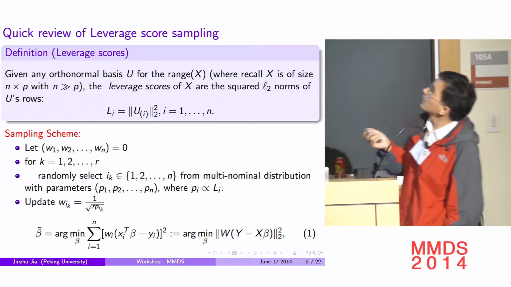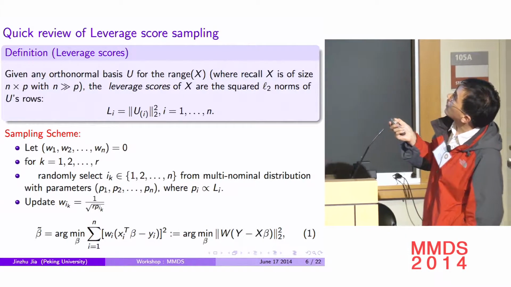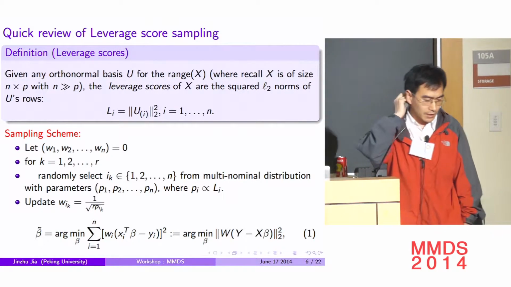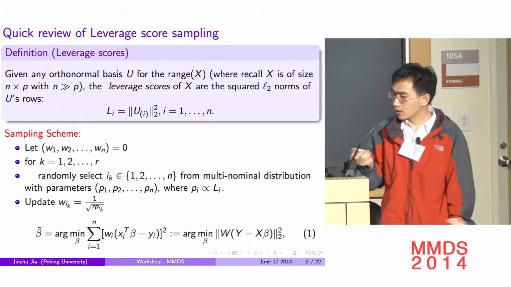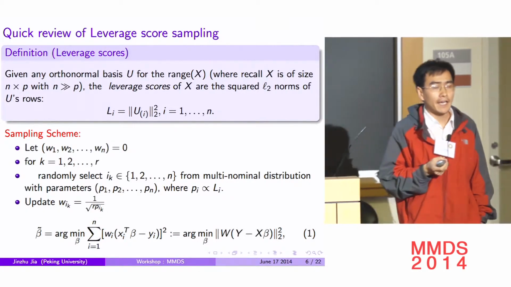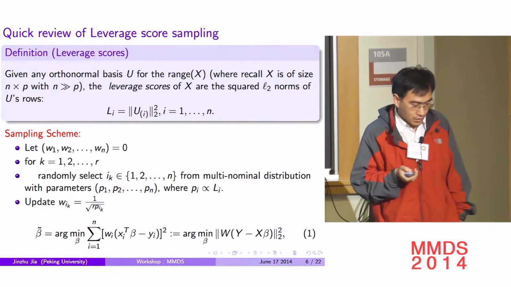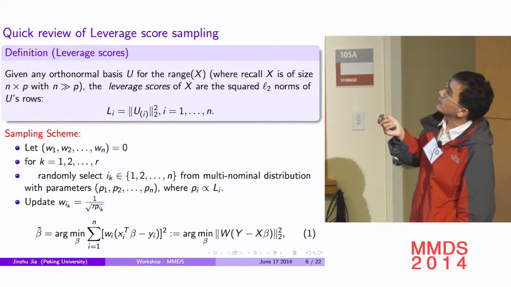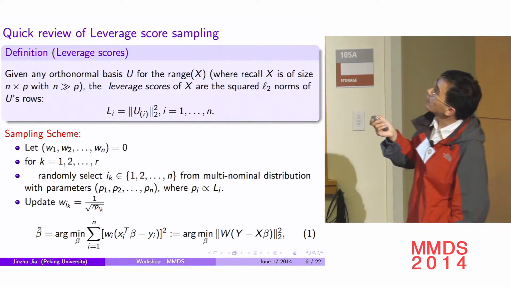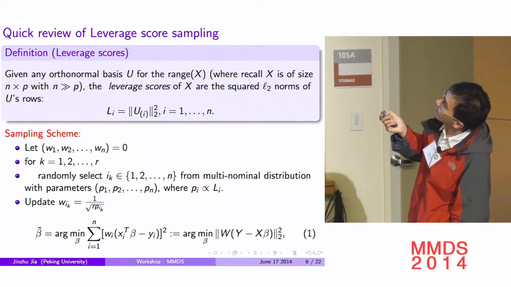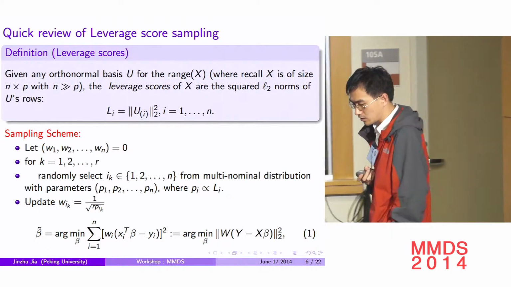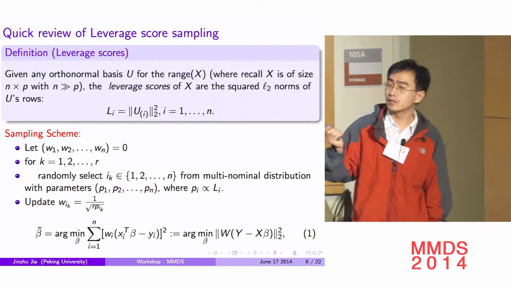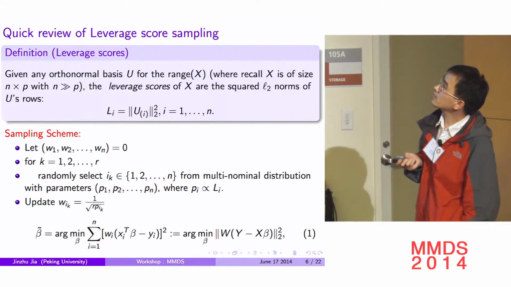You have the design matrix X. In statistical language, the leverage score is just the diagonal elements of the hat matrix. If you are not familiar with the hat matrix, you can also do the SVD of X. The left singular vectors of X are U, and the squared norm of the rows of U is just the leverage score.